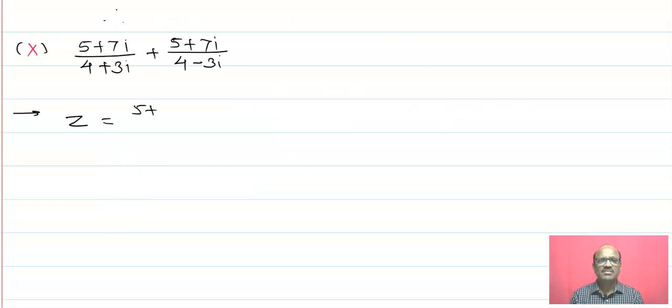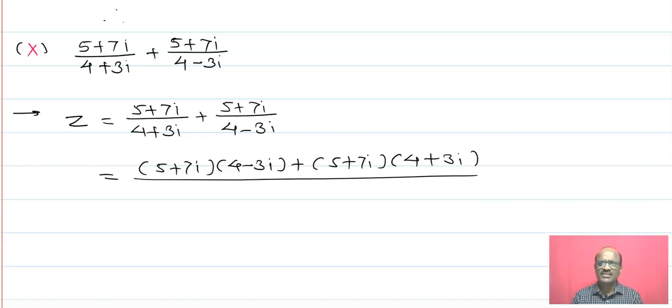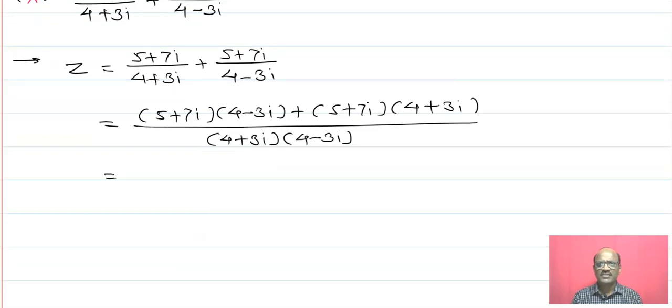Now next is number 10. (5 plus 7i) upon (4 plus 3i) plus (5 plus 7i) upon (4 minus 3i). Now in the numerator both numbers are the same. If we make the cross multiplication and take 5 plus 7i as common, and in the denominator (4 plus 3i) into (4 minus 3i).